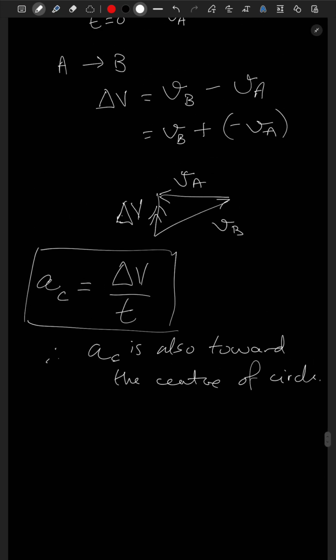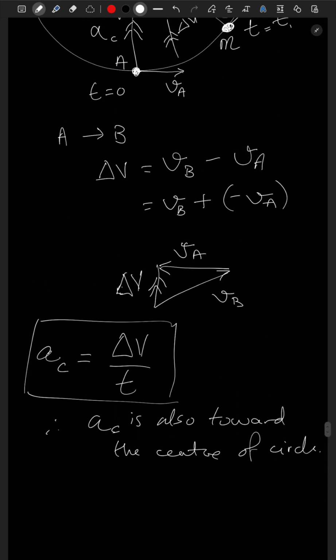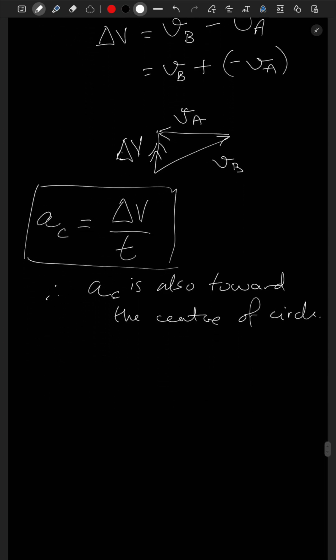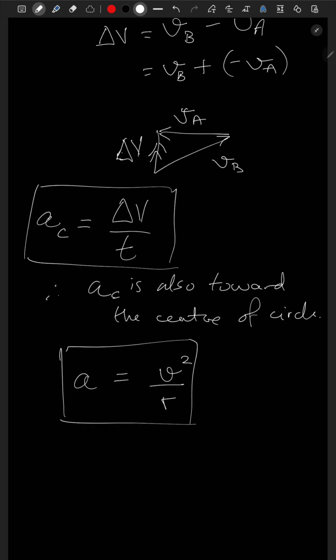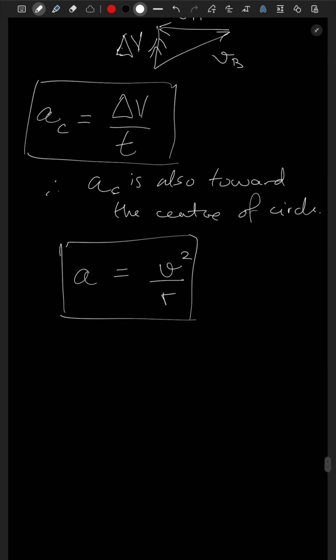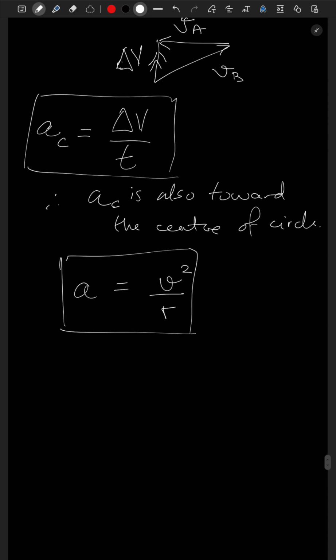It can also be proved that the magnitude of the centripetal acceleration is given by v squared over r. But the derivation is not in your syllabus, so we can just ignore this. So you just have to remember that a is just v squared divided by r.